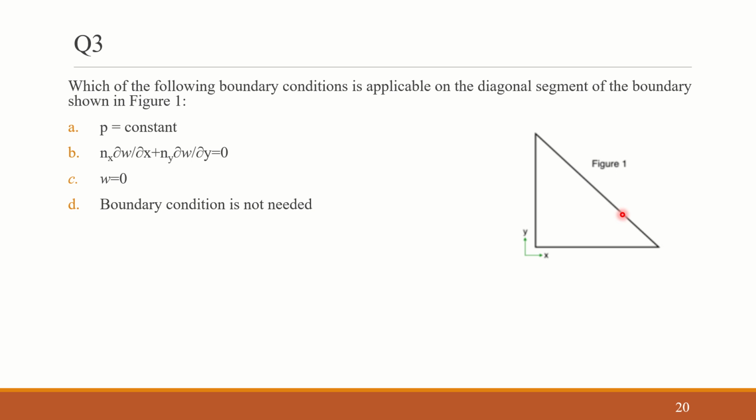So it is the no slip boundary condition. No slip means the velocity of the fluid equals the velocity of the solid wall. If the wall is not moving, it becomes 0. So option C is the right answer.